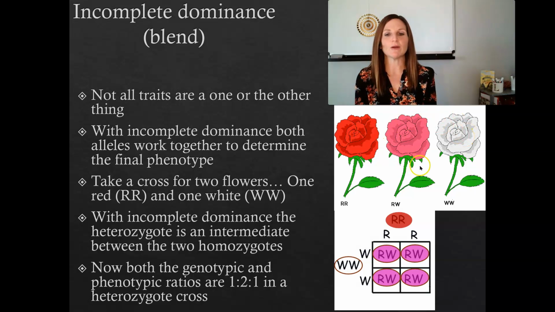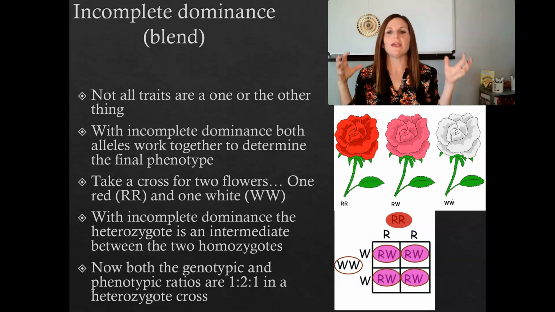Now the heterozygote between these two traits is pink, not white, not red. When both alleles are in the same flower, they both send enough gene product to make the final flower an intermediate or a blend or a compromise between the two colors.